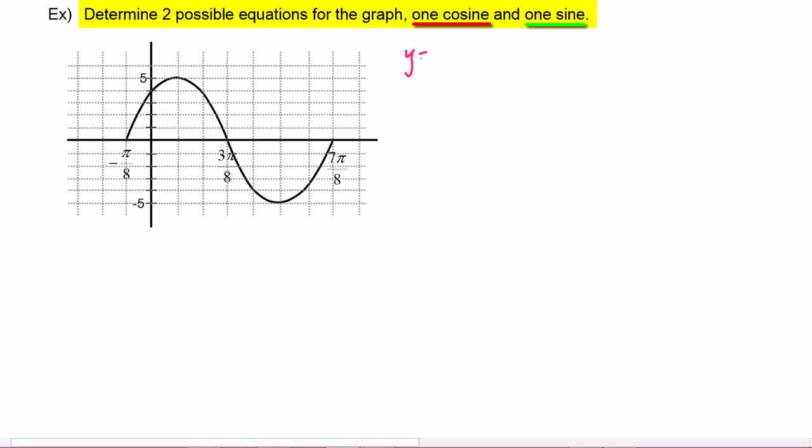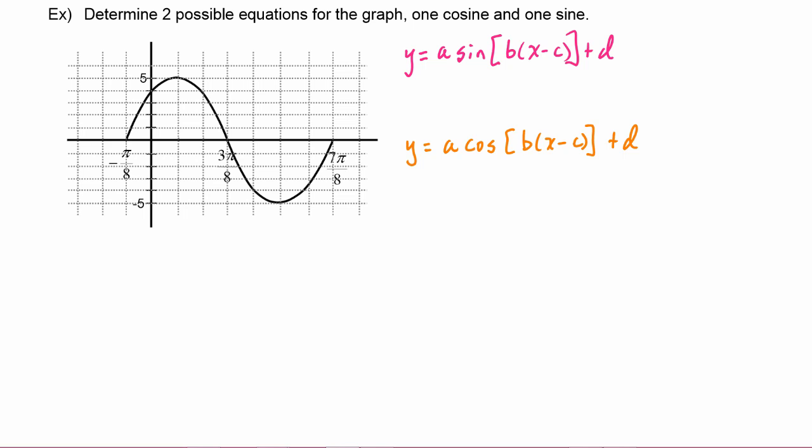We know we'll have y equals a sine of b times (x minus c) plus d, or it will have to be y equals a cosine of the quantity b times (x minus c) plus d.